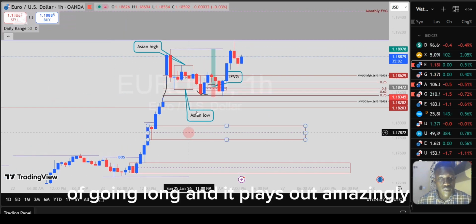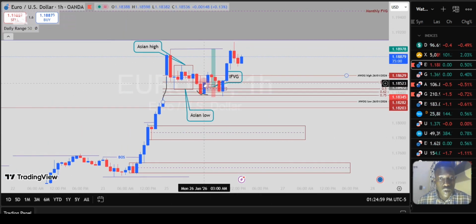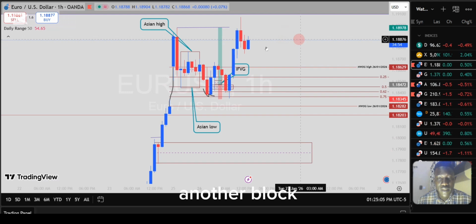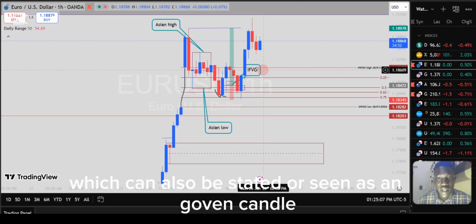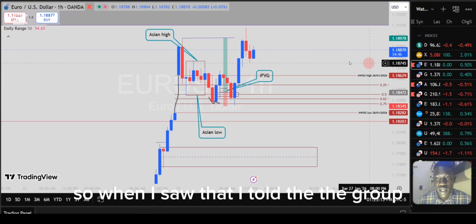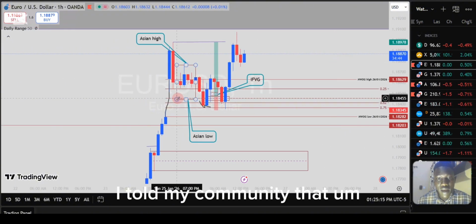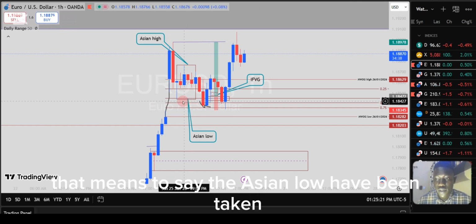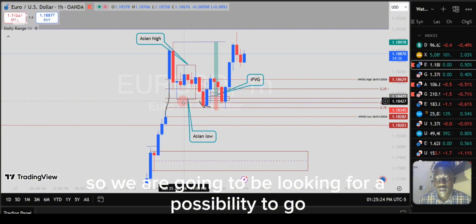We had this raid, and it closed and gave us another block, which can also be seen as an engulfing candle. When I saw that, I told my community that we had a raid on the Asian low. That means the Asian low has been taken, so we are looking for a possibility to go long and buy EURUSD.